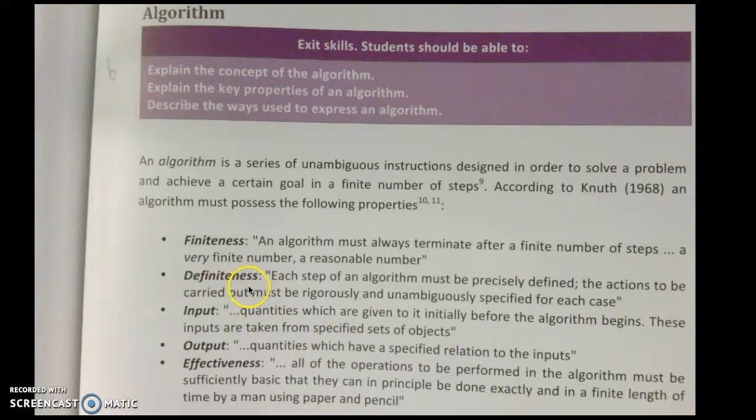Definiteness: each step of an algorithm must be precisely defined. The actions to be carried out must be rigorously and unambiguously specified for each case. We talked about that. We did the peanut butter and jelly sandwich activity in class, and if you say to a human, "Hey, open the peanut butter," the human's going to understand that.